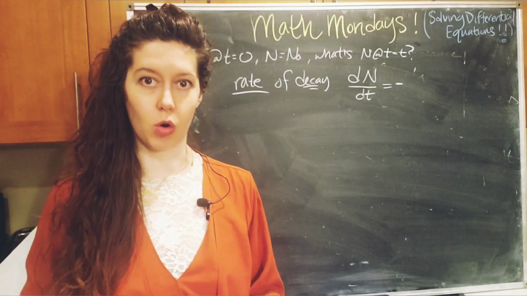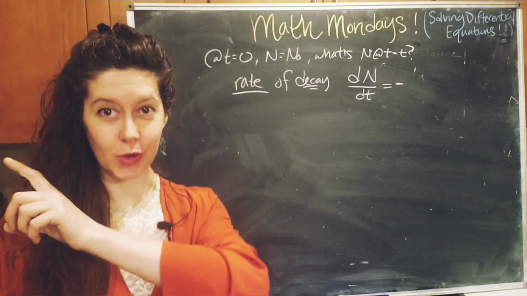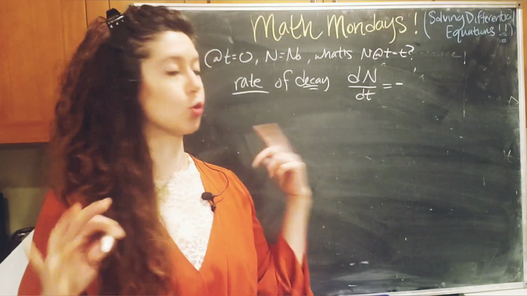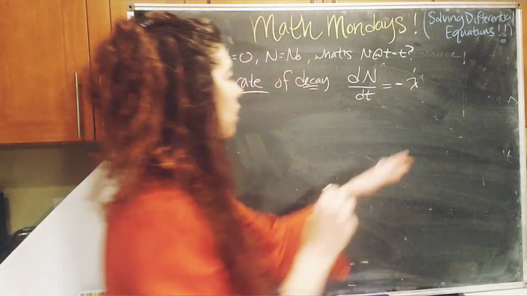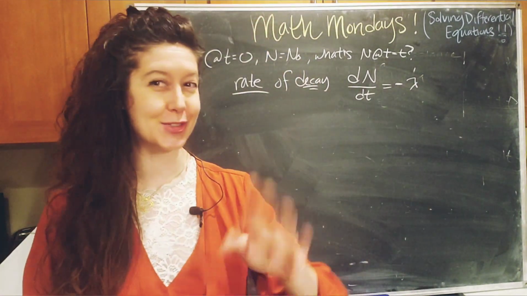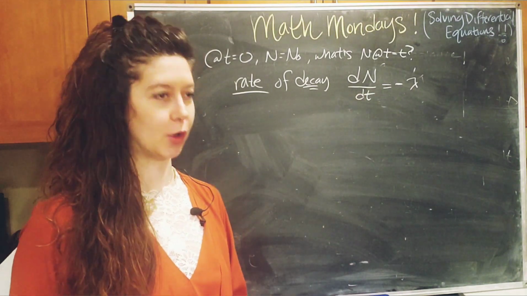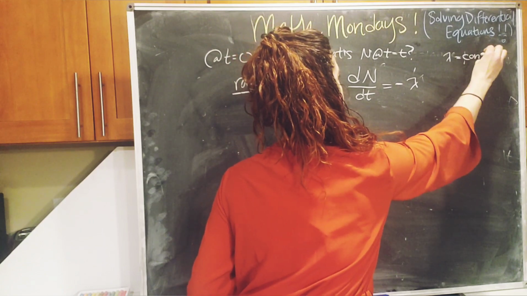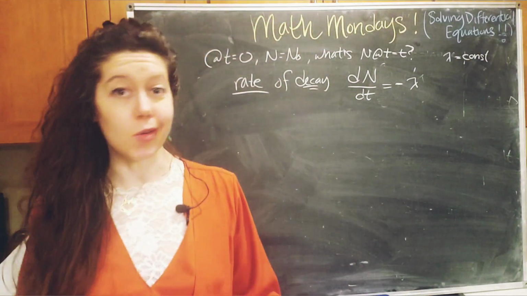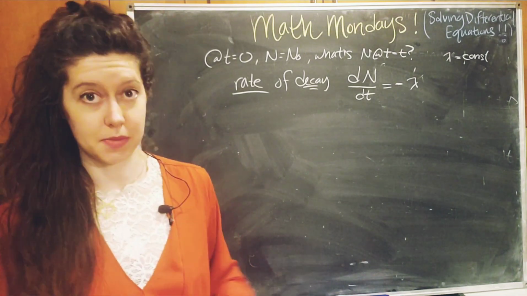The other key word was proportional. Directly proportional, or just proportional, means that we have some constant. I'm going to label it lambda because that's the convention for this particular equation. Lambda is just some constant, and right now we don't know what it is, because I didn't tell you what the substance was.